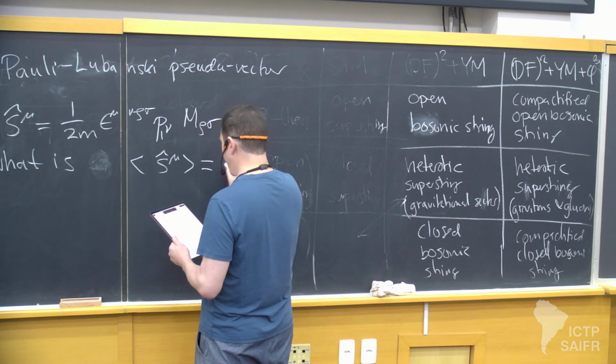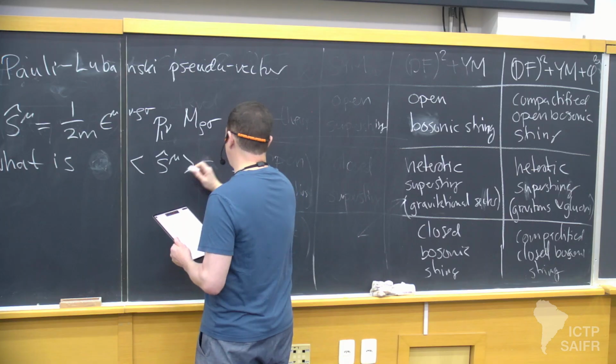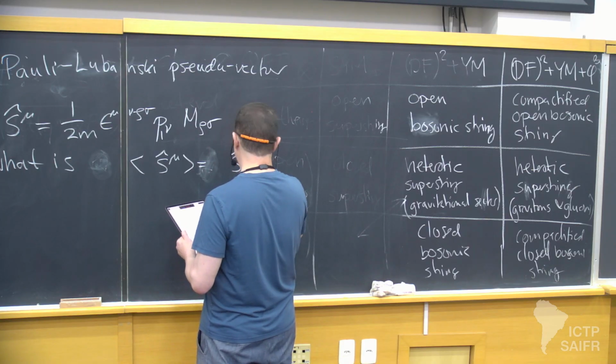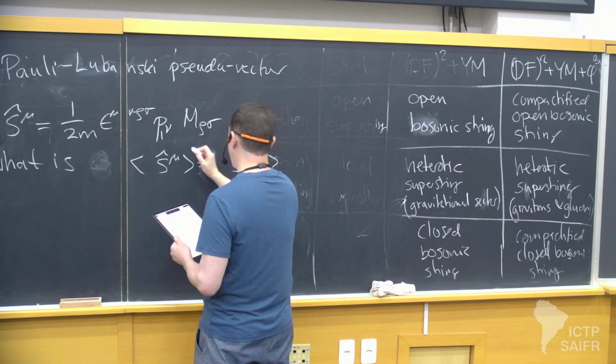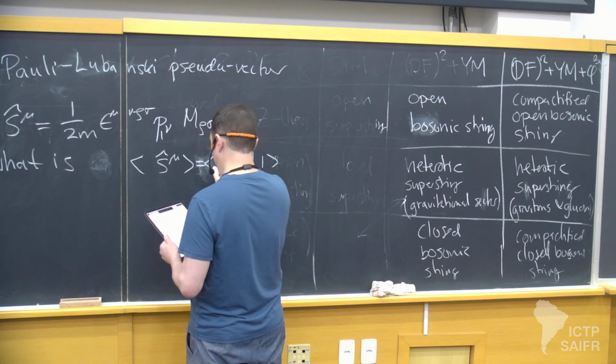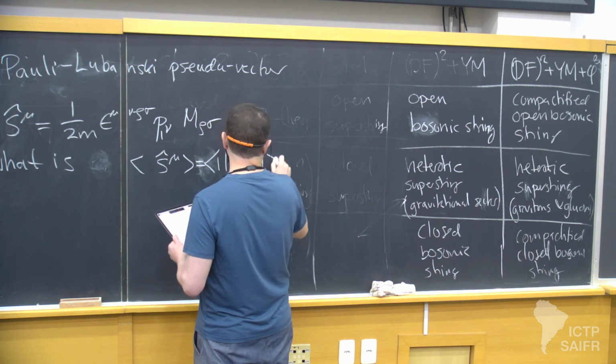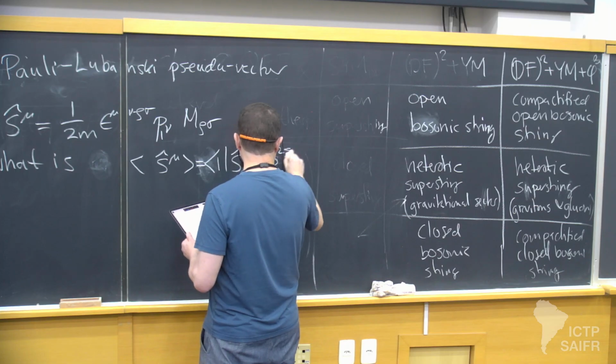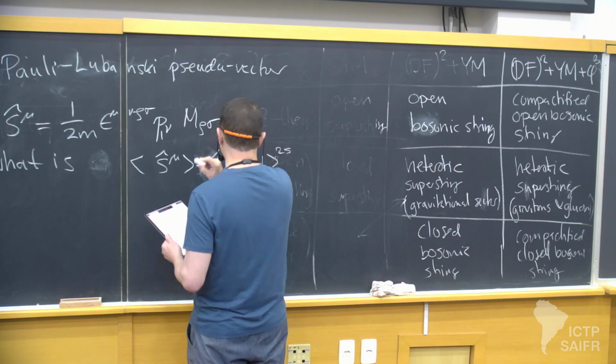Well, it's actually just this thing sandwiched between the bras and kets of our one particle state. So it's just this thing here to the power 2s, this one also to the power 2s.